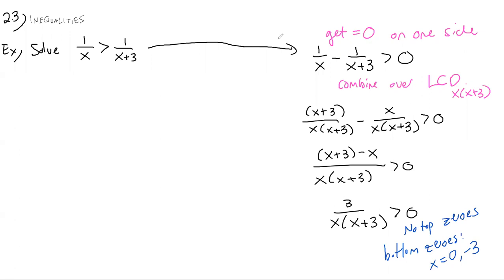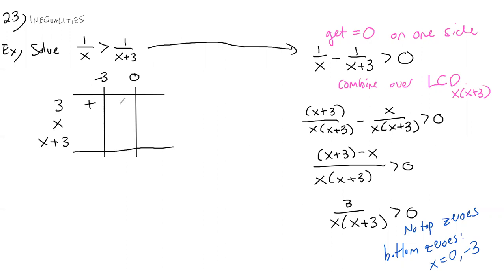So those are the only things that are going to go into my table. -3 and 0. I'm going to put the 3 there just because it's something that's in the function. It's not really going to matter. If it was negative, it would be really important. But it's just good for the sake of having all your components.